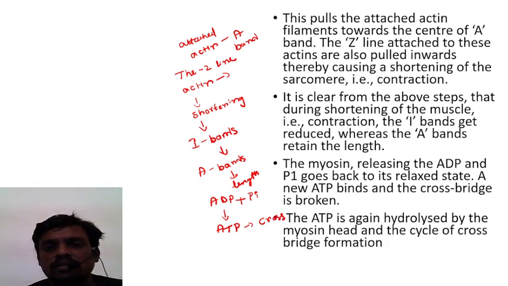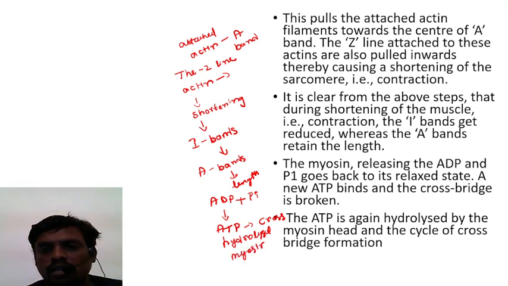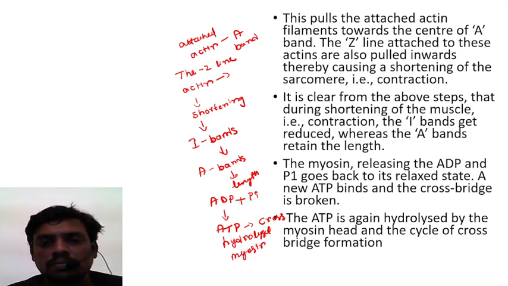The ATP is again hydrolyzed by the myosin head, and the cycle of cross bridge formation will be repeated again.